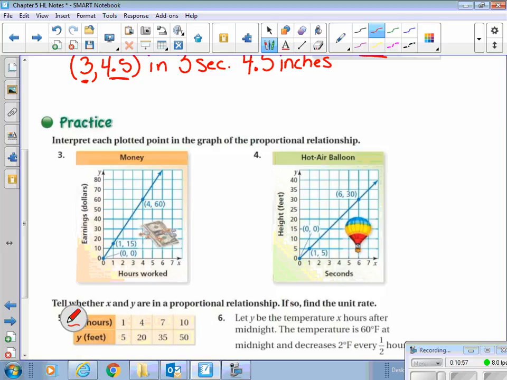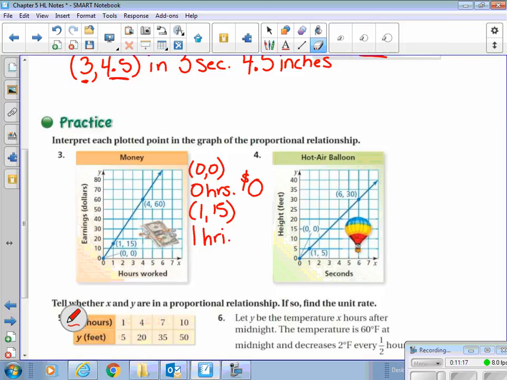Starting with number 3, we've got 0, 0. This particular 0, 0 means in 0 hours, we are going to make $0. The second one, 1, 15, would mean that in 1 hour, you are going to make your earnings $15.